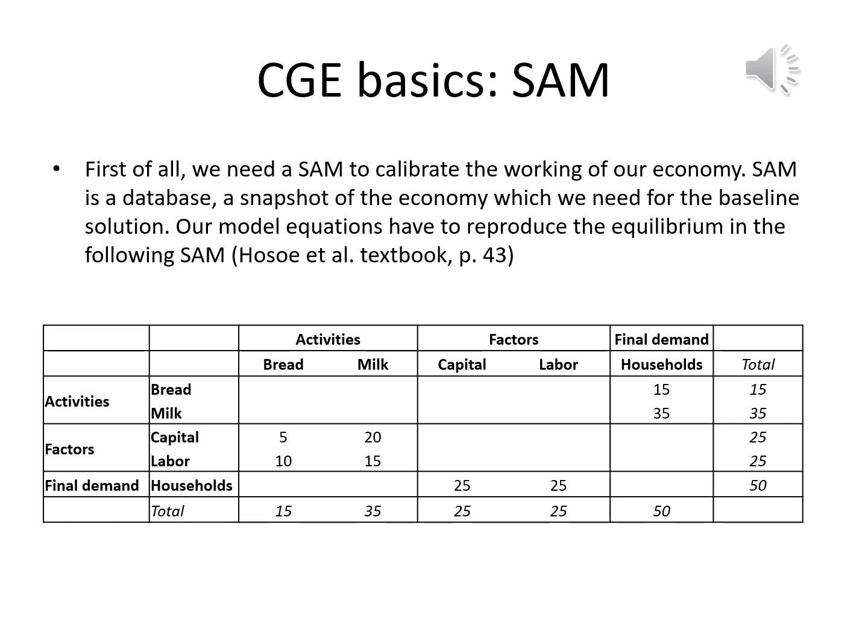Basically, this is the cost of production. Because cost of production is equal to cost of output, this is total output. So the value of output of the bread sector is 15. The value of output of milk is 35.